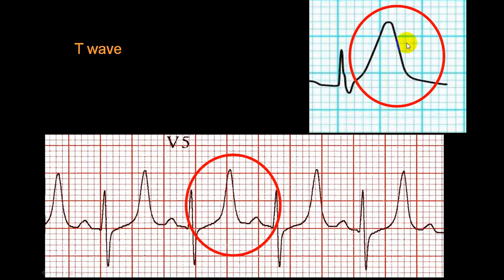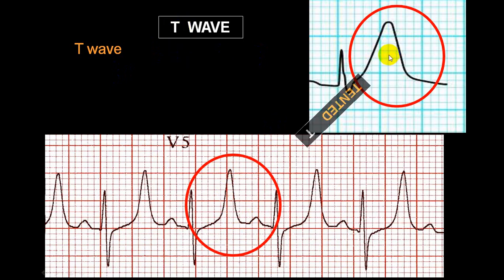So it is asymmetrical, it is tall, it is tented, and this base is broad. If you look at this base, this is narrow. So this is narrow, peaked, short base, and tall. So these 2 are the differences.